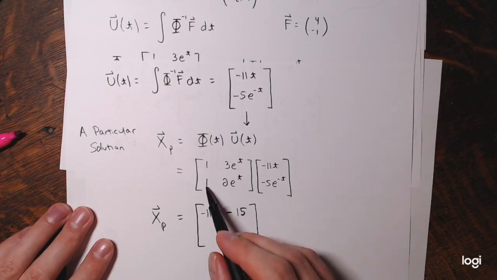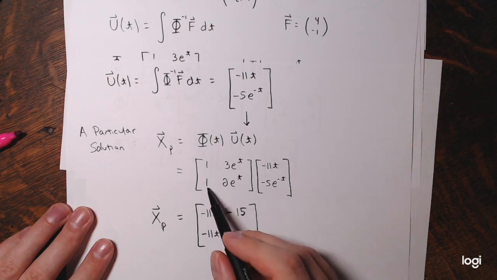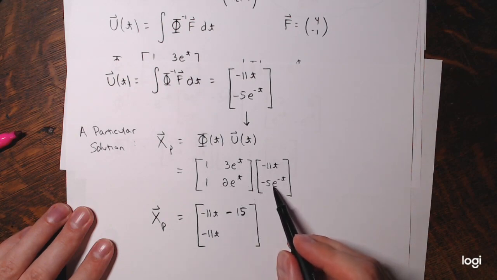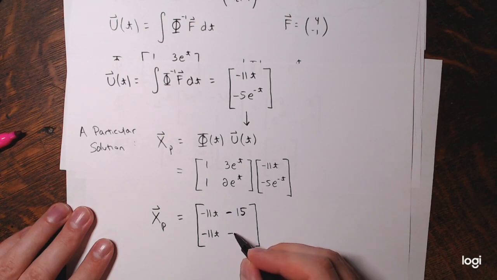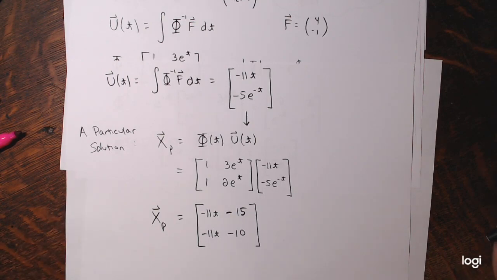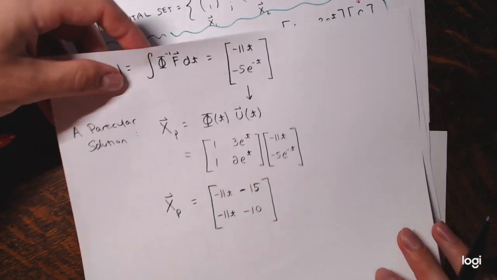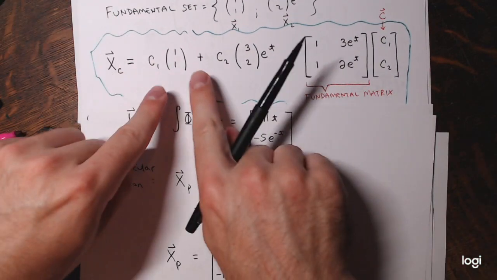Then negative 11t minus 10 for the second component of our solution. And then we're almost there, because now we have a particular solution, and we have our complementary solution from earlier, this thing.